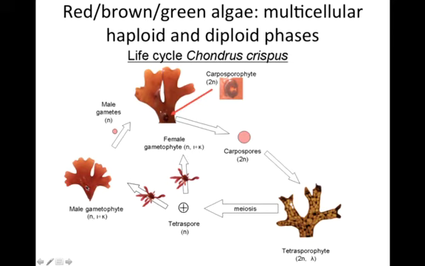Those haploid cells can then give rise to either a female multicellular plant or a male multicellular stage. And then the male and female gametes fuse within the female, giving rise to another diploid stage. This is the life cycle of Chondrus crispus, which I believe is a red alga, which has multicellular stages at both the haploid and the diploid stage.